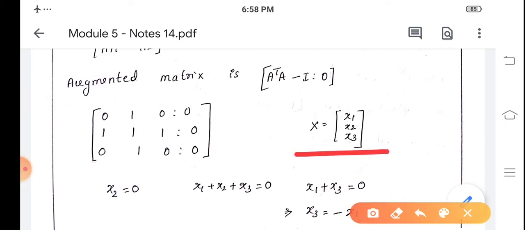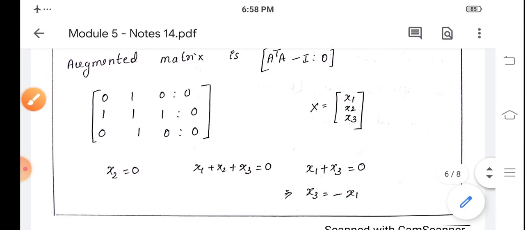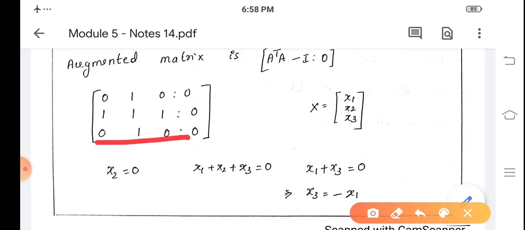We take x as x1, x2, x3. Now, when we multiply this with the column vector x, we are getting 0 into x1 plus 1 into x2 plus 0 into x3 equal to 0. That gives x2 equal to 0. Now multiplying the second row with the column vector x, we are getting x1 plus x2 plus x3 equal to 0.